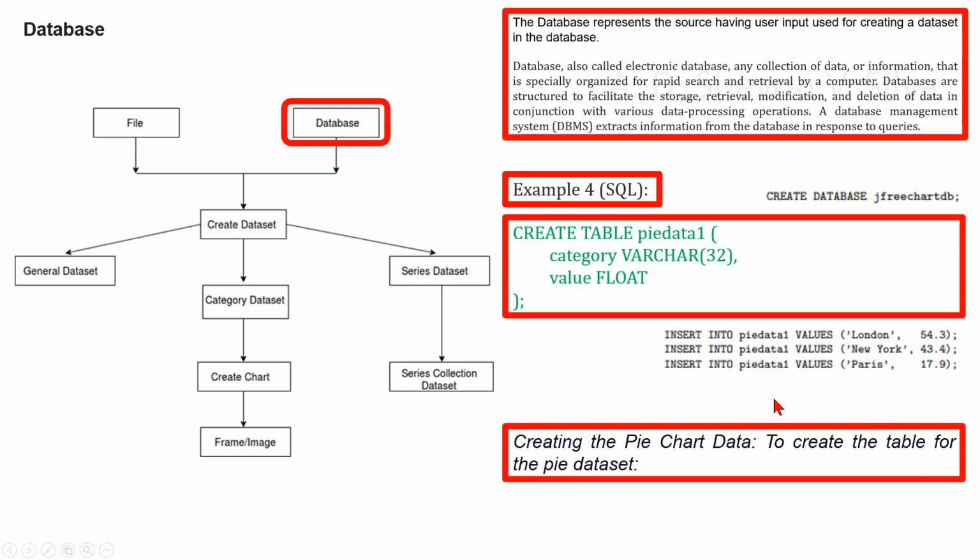Now we are considering creating pie chart data. To create the table for the pie dataset, first, while logged in as the database administrator, you can create a test database called JFreeChartDB. Here, create database JFreeChartDB. Next, you can create a user, for example JFreeChart. Create user JFreeChart with some password.